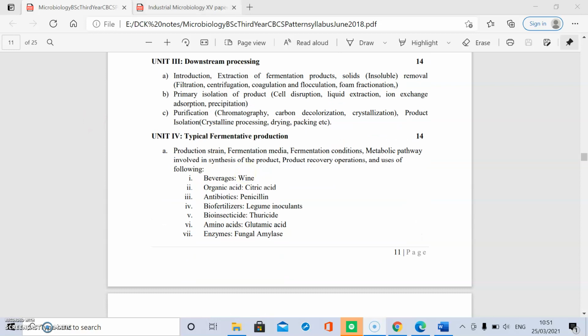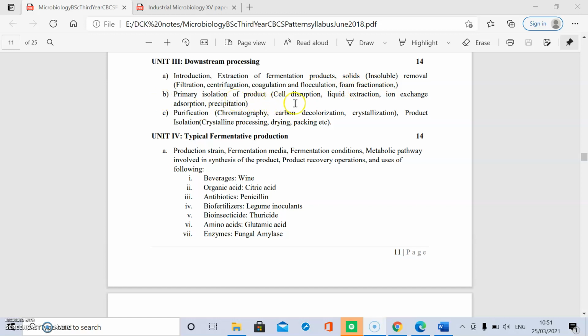Third unit, downstream processing. In this, introduction, extraction of fermentation products. Solids which are insoluble are removed by different methods: filtration, centrifugation, coagulation and flocculation, and foam fractionation. Next point, primary isolation of product.